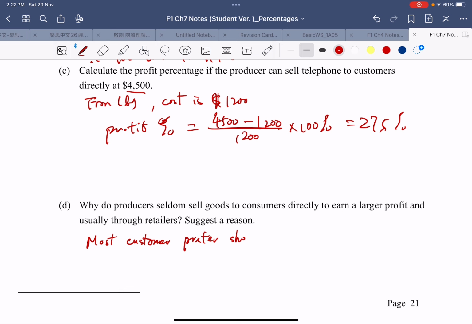They prefer shopping in a physical store. By then they can check and try the goods and choose different brands of product from the retailers. They have choice, right? They can put the goods in their hands and try it. So there are some advantages.